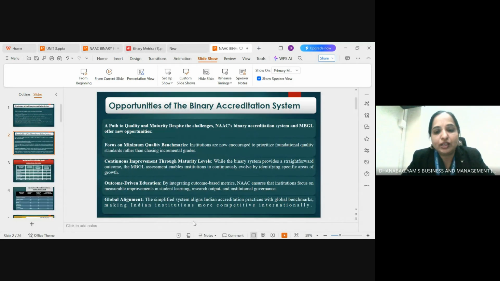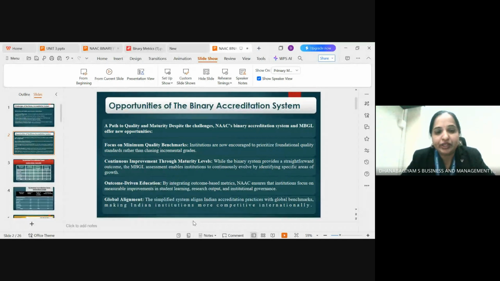A minimum quality benchmark means institutions are now encouraged to prioritize foundation quality standards rather than chasing incremental grades. There will be continuous improvement through maturity levels. This binary accreditation system is quite straightforward and transparent, and it gives us a clear outcome.